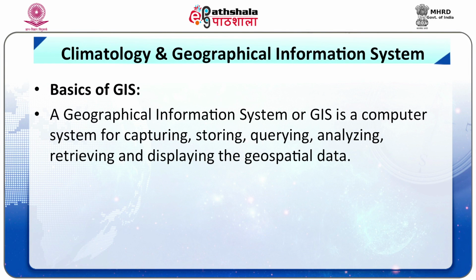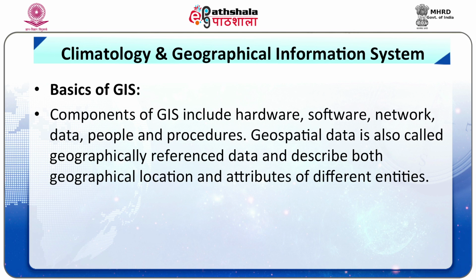Basics of GIS. A Geographical Information System or GIS is a computer system for capturing, storing, querying, analyzing, retrieving and displaying the geospatial data. Components of GIS include hardware, software, network, data, people and procedures.